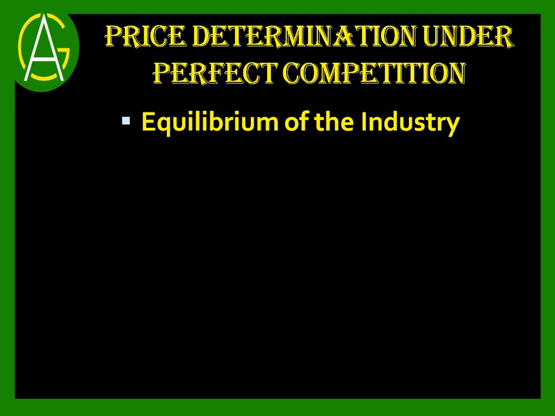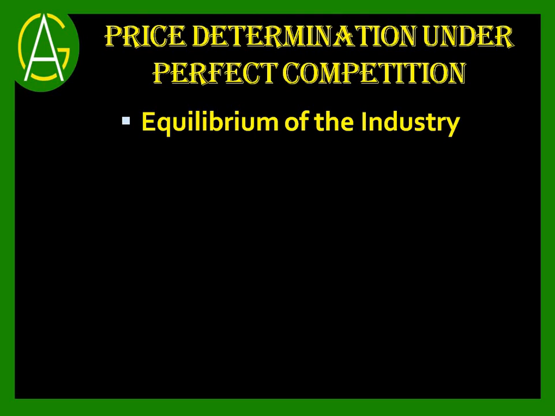You know it very well. Industry means the group of firms manufacturing similar products. So for example, if we say cement industry, it means that all the firms in the cement industry will be manufacturing cement. If we say iron and steel industry, it means that all the firms are manufacturing iron and steel. So industry is a group of firms manufacturing similar products.